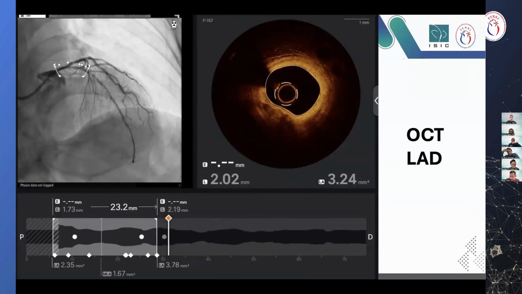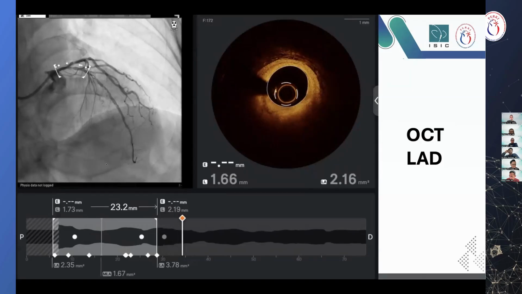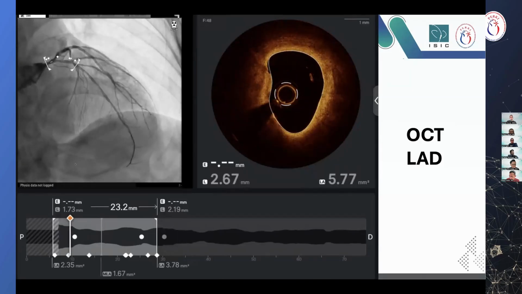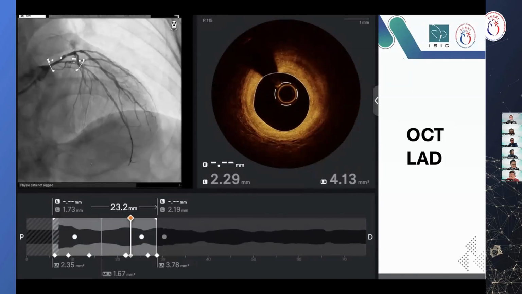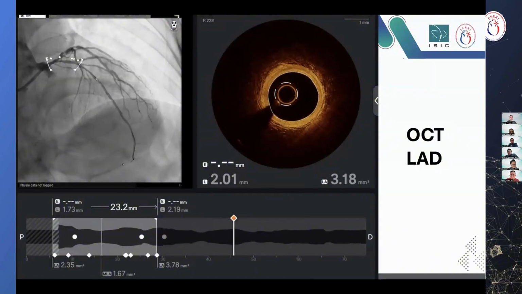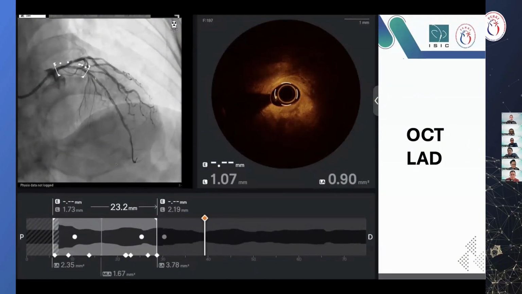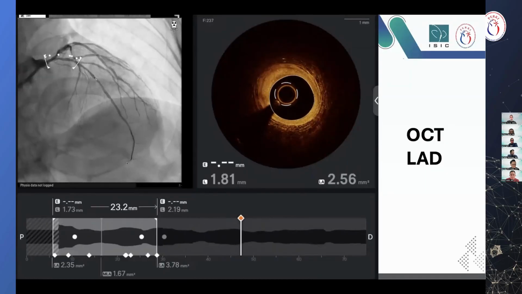We can see here calcified in the mid-LAD with a predominantly more fibrolipidic near the left main, also the ostial of the LAD. The lesion was quite long, as we expected, from the left main to this area, to the mid of the LAD. This is the healthy part of the LAD.